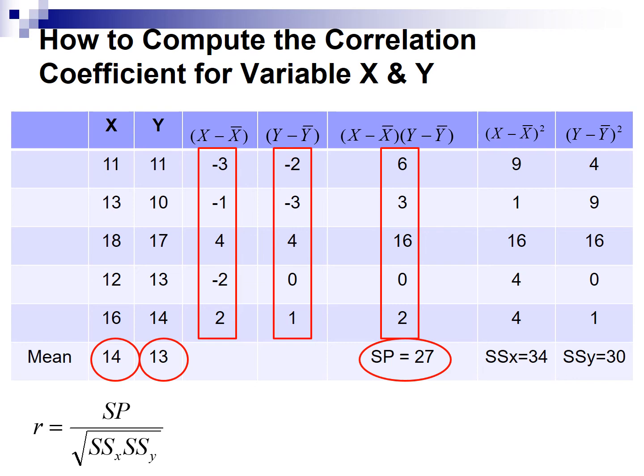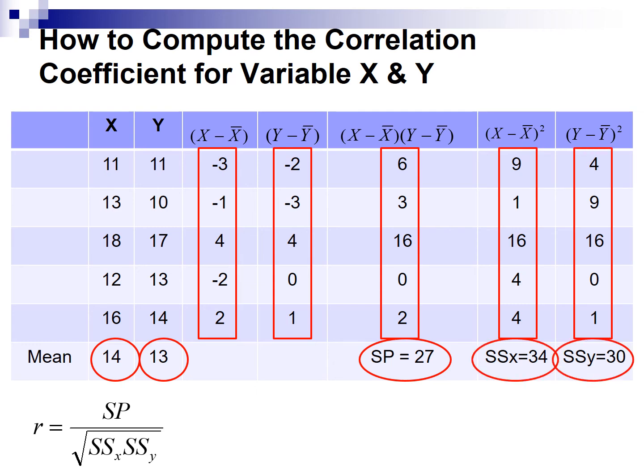Then we compute the sum of squares for x, and finally the sum of squares for y. So R equals 27 divided by the square root of 34 multiplied by 30, which is 85. This method is much easier than the conceptual one you did before.